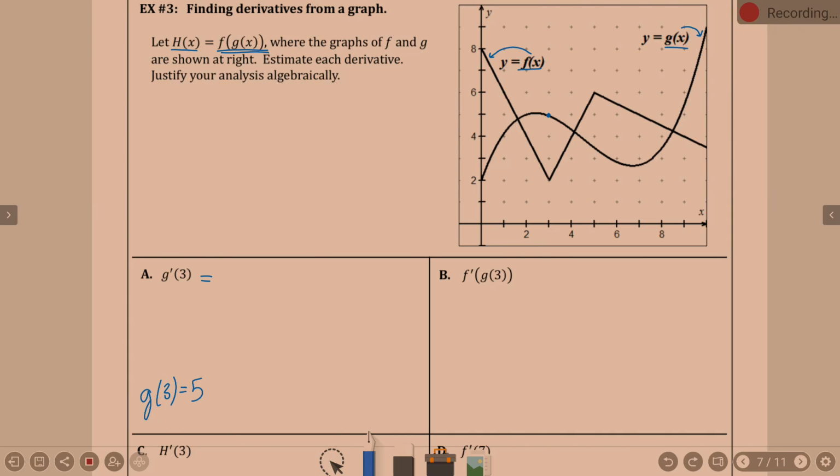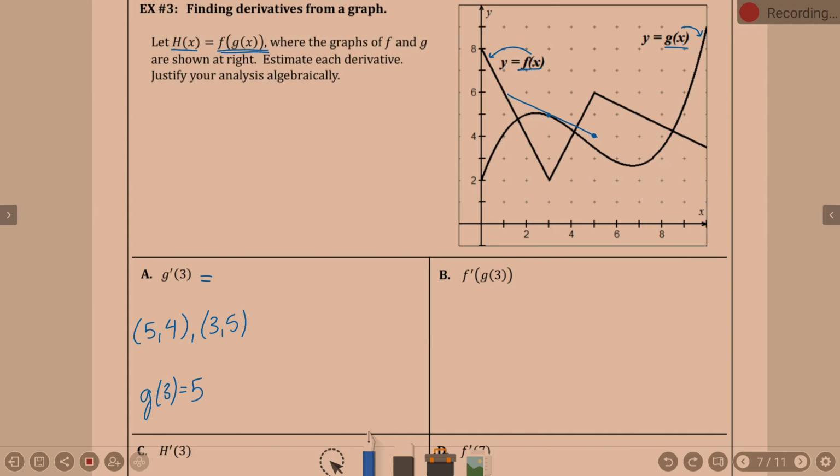You can do more than 4, 3, like 3, 5. I picked 5, 4 to be my other one. So I have mine going through approximately 5, 4 and 3, 5.